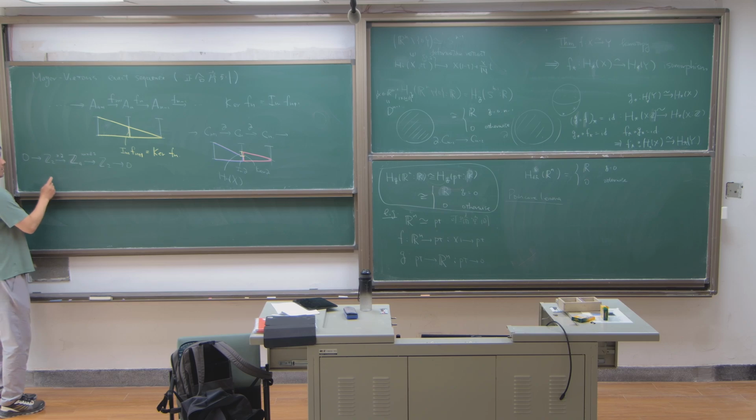Z2 has only 0 and 1, right? And the times 2 maps to 0 and 2, in Z4, which is 3, 2, 1, 0.